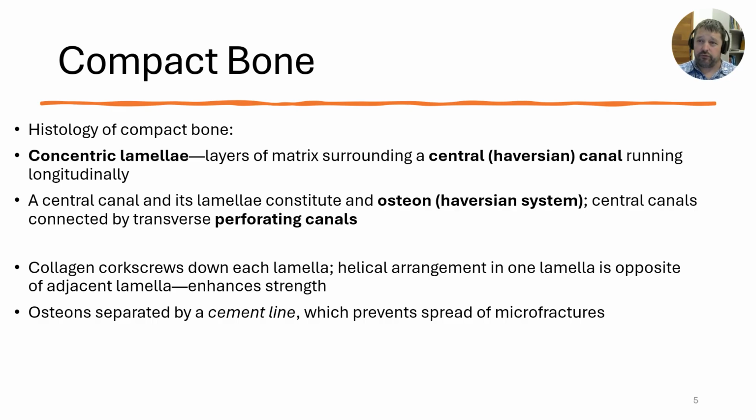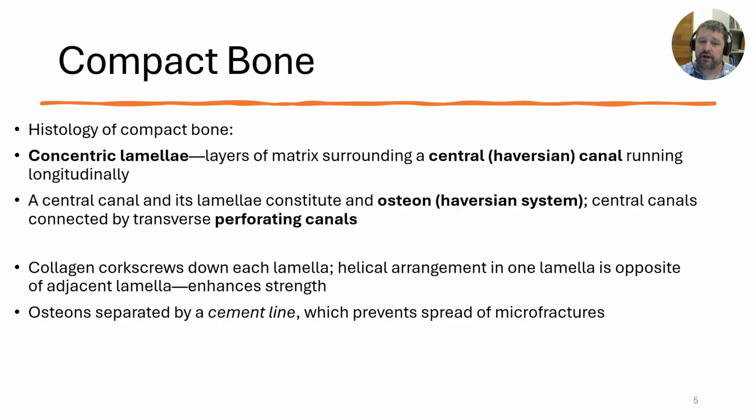The importance to this is you can get minute microfractures that occur, but often they won't move from one lamella to the next, and they won't move across osteons. So they'll be isolated in one osteon, then it can be fixed and repaired, and it won't spread to all of them.